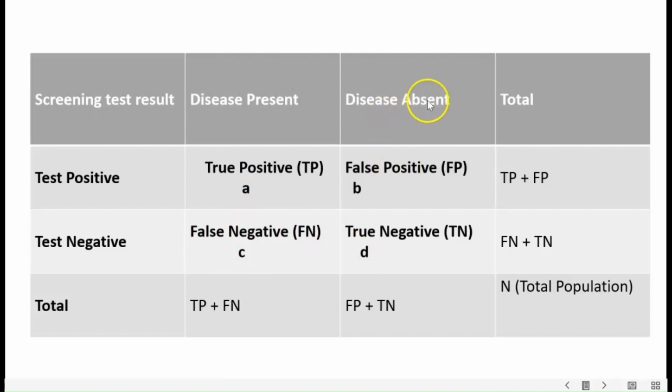The persons who do not have the disease and are also tested negative are represented by D, and they are known as true negative. If a person does not have the disease but is tested positive by the screening test, it is known as a false positive and represented by letter B. If the person has the disease but is tested negative by the test, it is denoted by the letter C, and they are known as false negative.